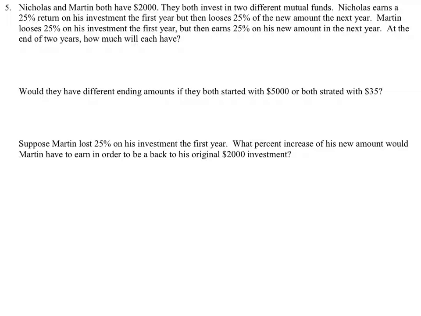Martin loses 25% on his investment the first year, but then earns 25% the next year. At the end of the 2 years, how much will each have? It is not asking who has more. It's asking how much they will have. Well, this is great. So let's start with good old Nick first.